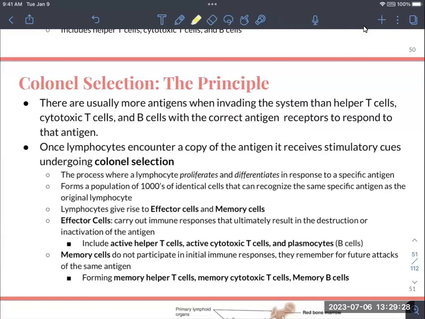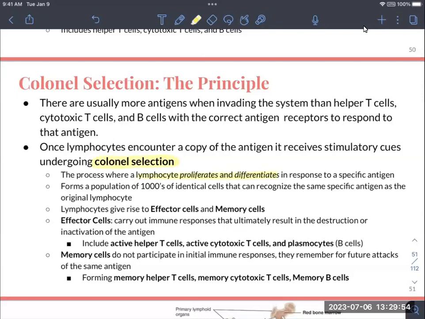Once these lymphocytes come across the specific antigen in the interstitial fluid, it cues that lymphocyte to go through what is known as clonal selection. That's where these lymphocytes are going to rapidly regenerate.